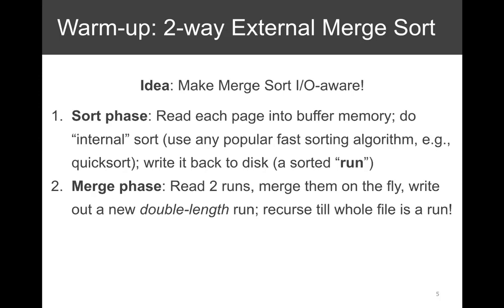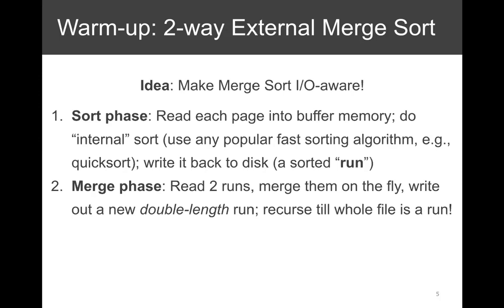Okay, now comes the merge phase. The merge phase is an iterative phase, so there will be multiple passes. Here, the basic idea of the two-way EMS, which is a toy procedure, is that you read two runs into memory. You merge these two runs on the fly using the merge procedure in merge sort, where you keep pointers between the two runs and then advance the pointers.